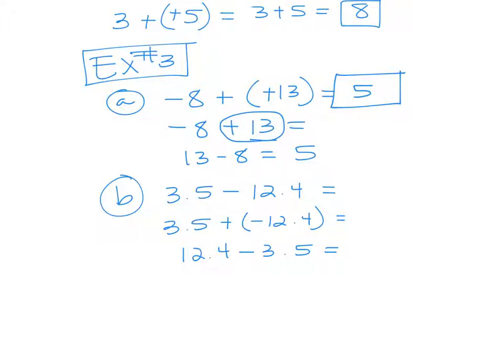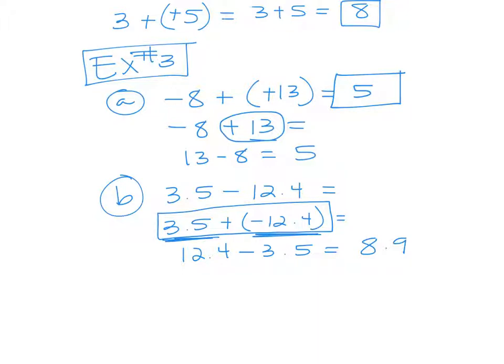And at this point, if decimals throw you off and you can't do that in your head, that's totally fine. Plug it into your calculator, 12.4 minus 3.5. But what you should get is 8.9. Okay? Is our answer going to be positive or negative? If this is what we're solving, my bigger absolute value is the positive or the negative?